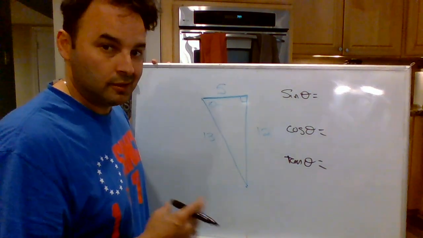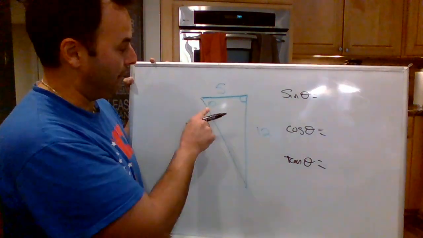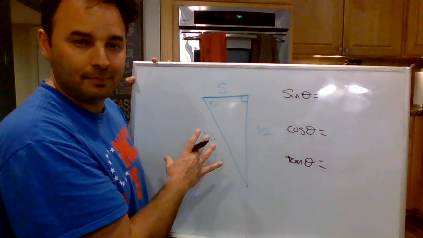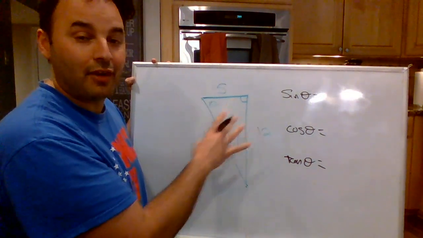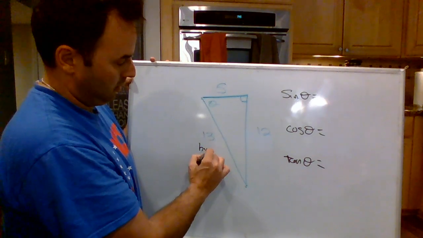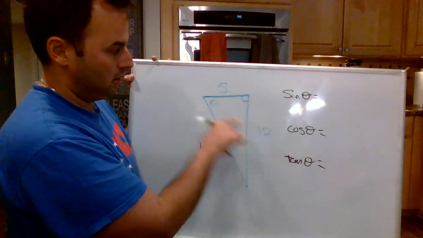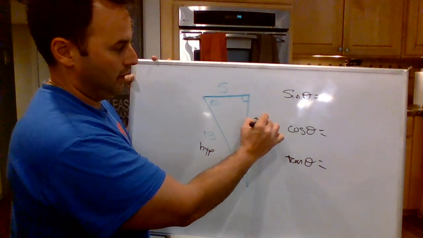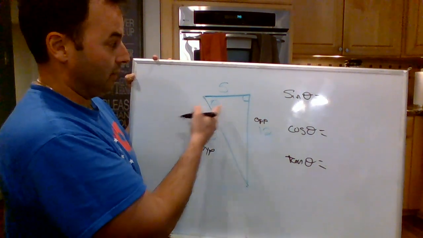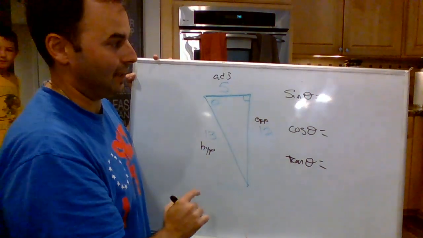Welcome back, children. Let's look at the sine of theta. Remember, the sine is the opposite. I like to maybe identify everything first before I go through it. Well, the hypotenuse is the easiest one to identify. What is opposite of theta? The 12 is opposite of theta. And all we have left is 5 to be adjacent, and we see it's the side next to theta that is not the hypotenuse.